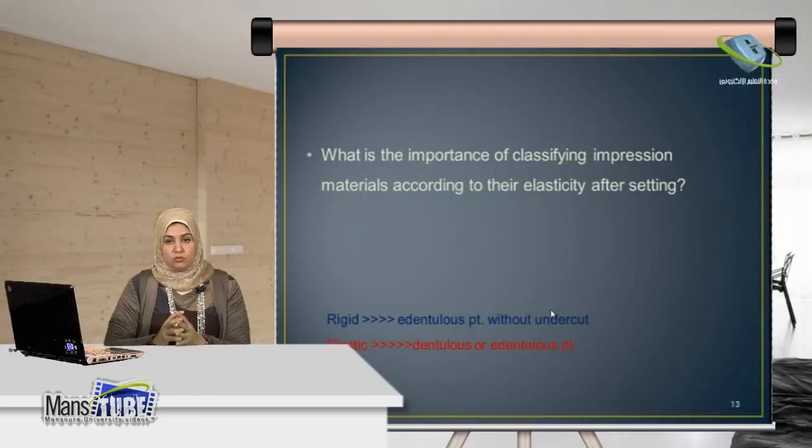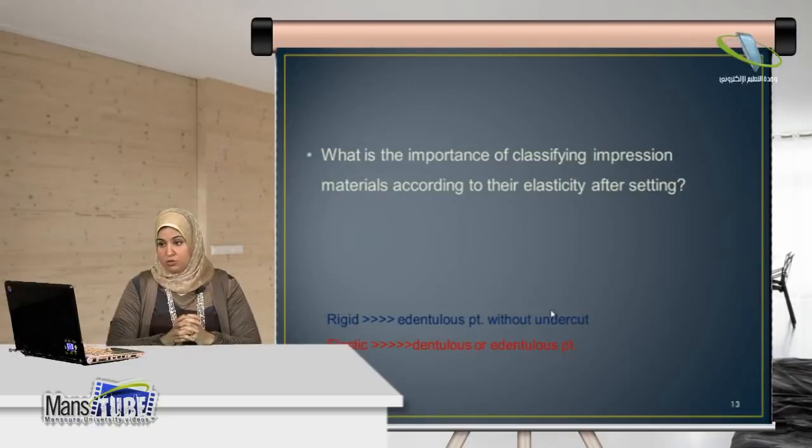While elastic impression materials are used for dentulous or edentulous patients without any problem, because they can record the undercut and get out from the undercut by their elasticity without any breaking.